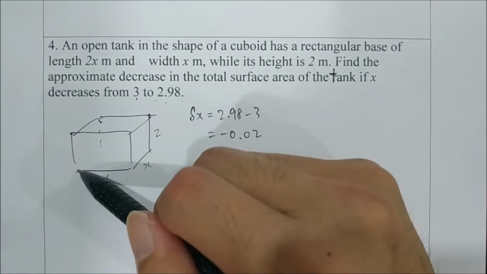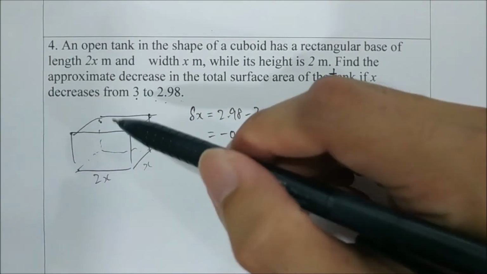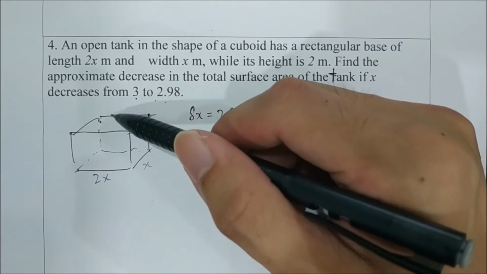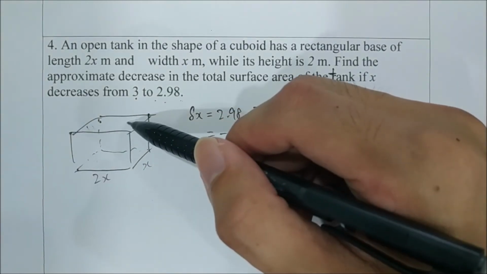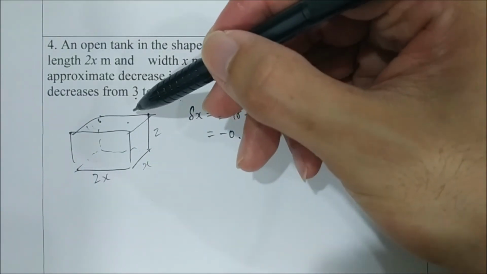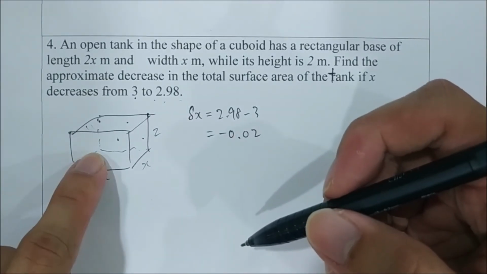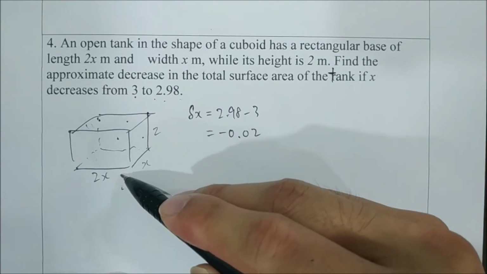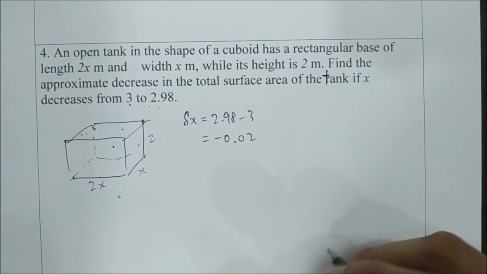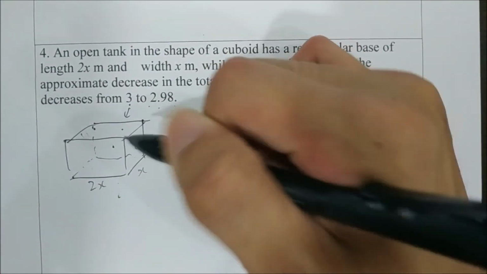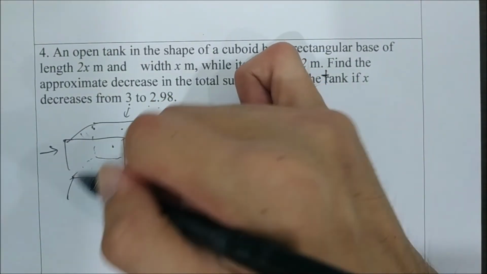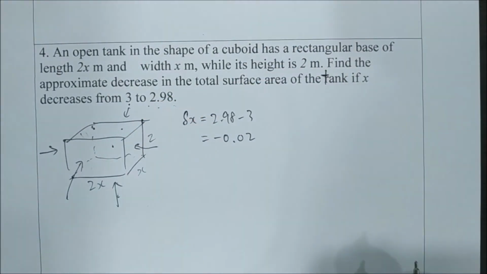So you try to draw this. The open tank means we can assume that there is no upper part here. Hence, we only have 1, 2, 3 from the side, 4 from the side, and 1 from the base. So there are 5 areas.